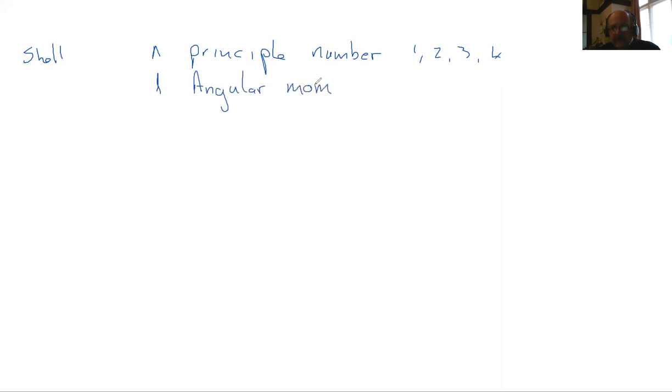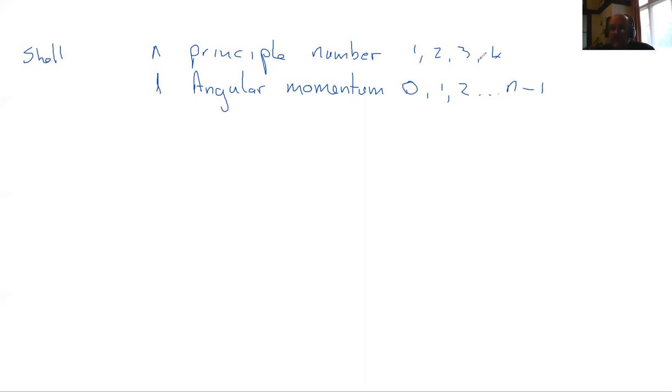And this can have a value of 0, 1, 2, any value up to n minus 1. So for the first level, when n is equal to 1, the maximum value of n minus 1 is going to be 0. For n is equal to 2, then this can take values of 0 and 1, because 2 minus 1 is 1.